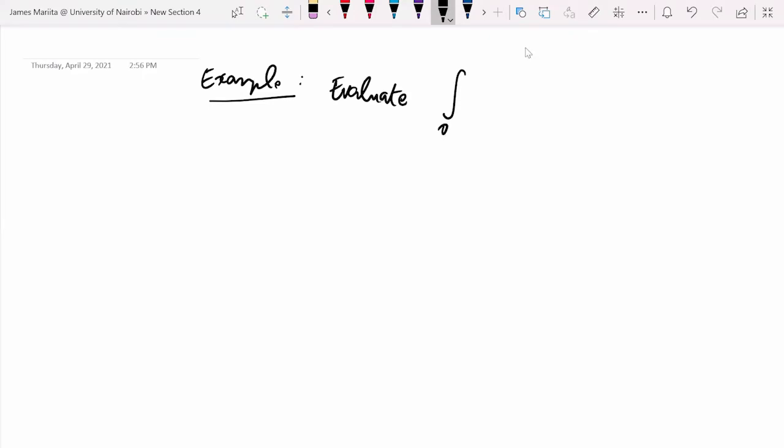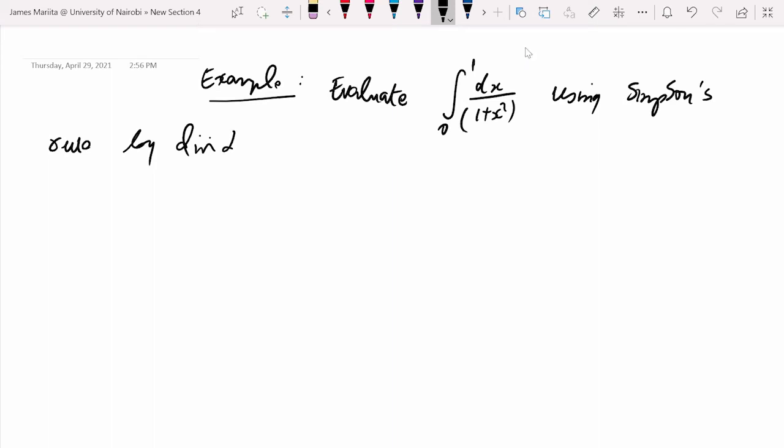Evaluate the integral from 0 to 1 using Simpson's rule by dividing into equal parts.